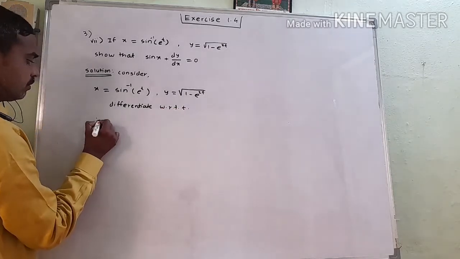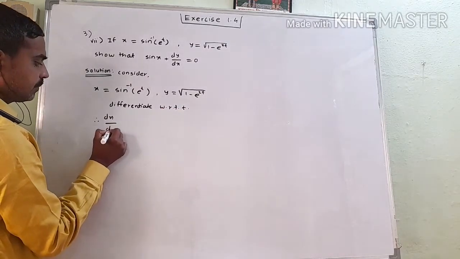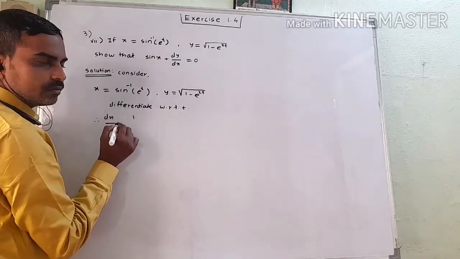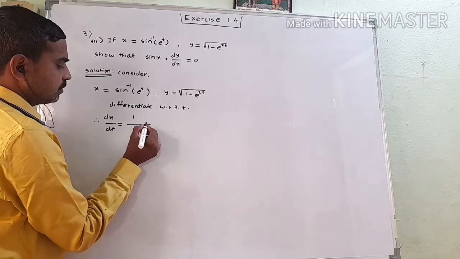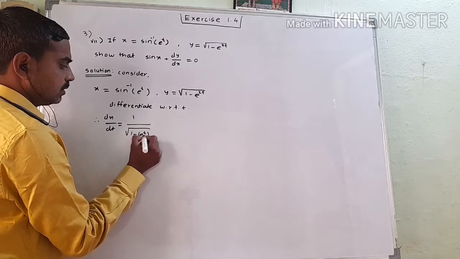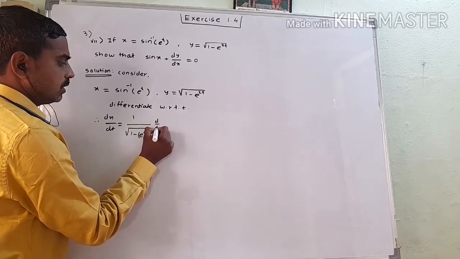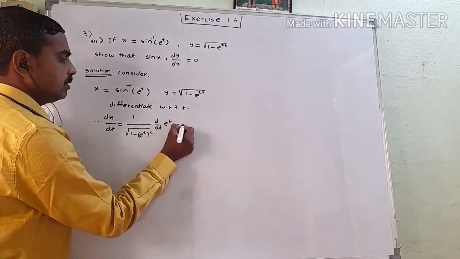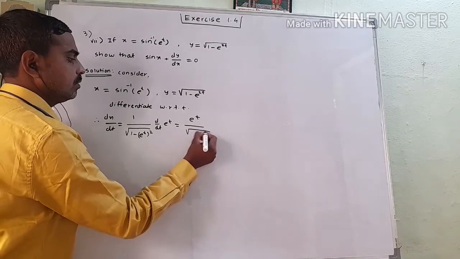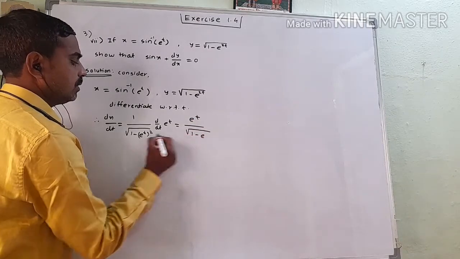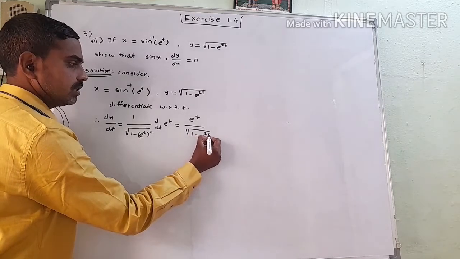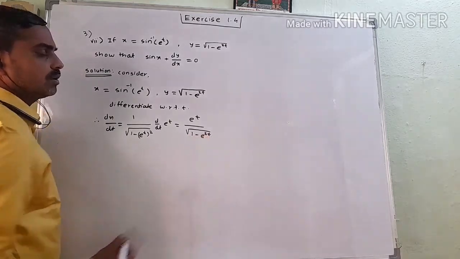Now what will be the derivative of the first term? dx by dt will be equal to, by the formula for sin inverse of f of t, 1 divided by root of 1 minus e raised to t whole square, into d by dt of e raised to t. The derivative of e raised to t is e raised to t, so here we get e raised to t divided by root of 1 minus a raised to m raised to n formula. A raised to m into n means here e raised to twice t will occur.